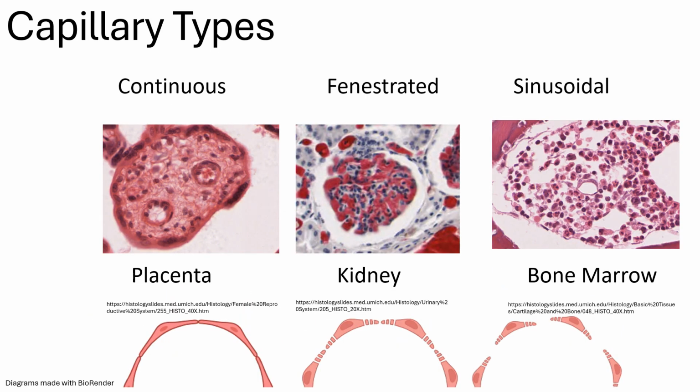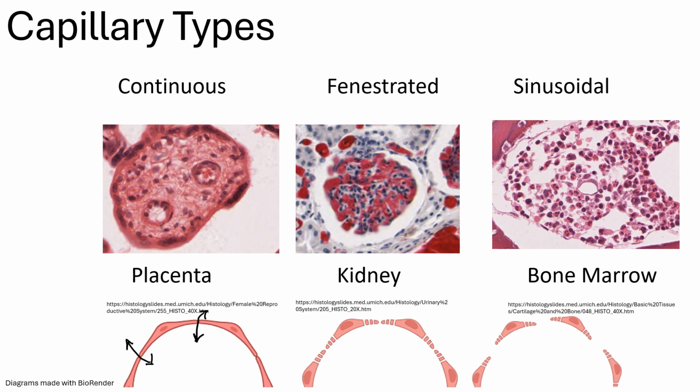There are three types of capillaries. Their names are based on their permeability. The most common capillaries that we will see are continuous capillaries. They're also the least permeable. The squamous cells are very, very tightly packed with very small areas of movement called intercellular clefts, right?